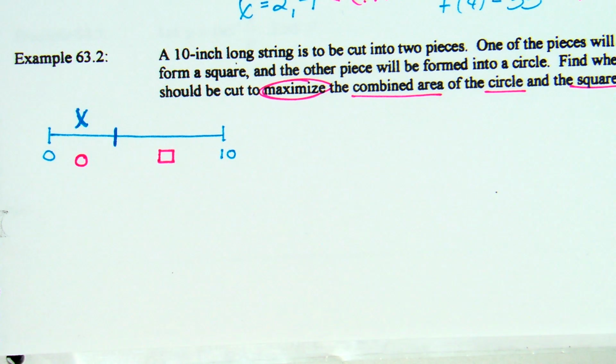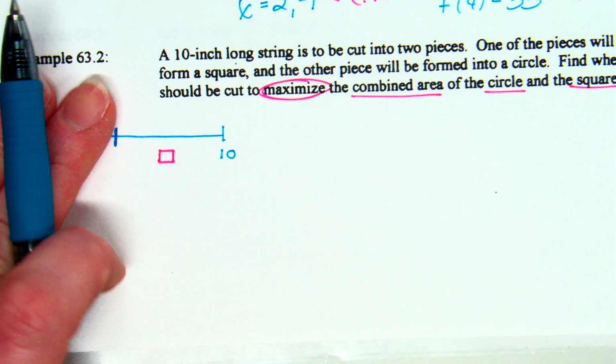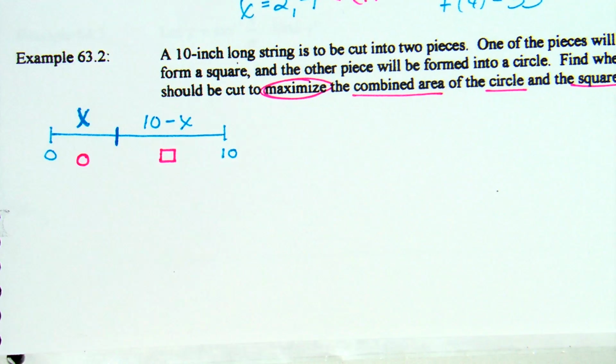Using this same x, if the whole string is 10, 10 minus x. I name this piece x, so if I chop off x, the remaining piece is 10 minus x.